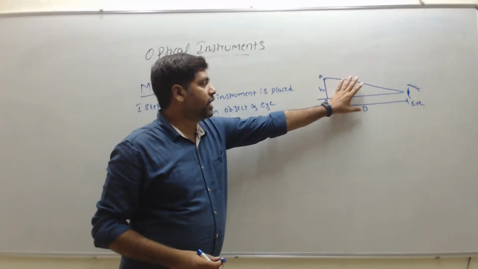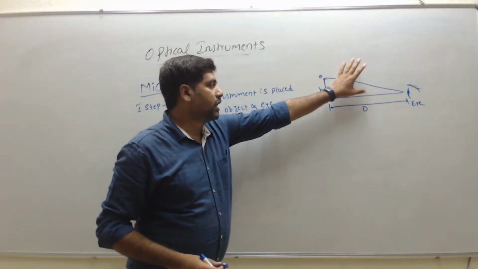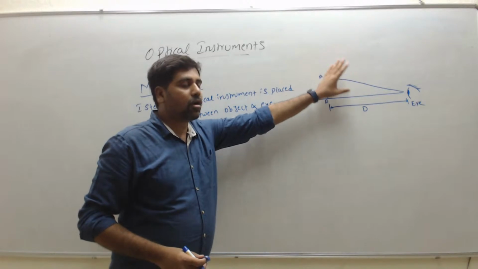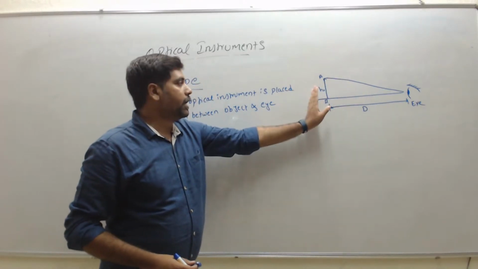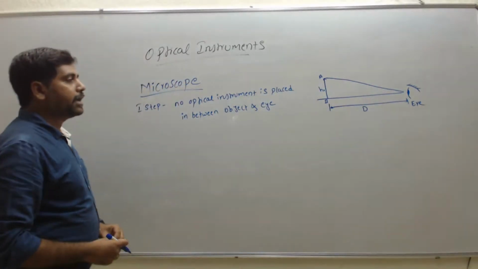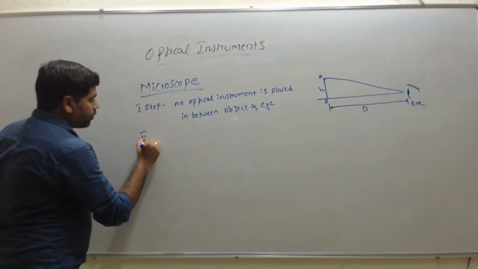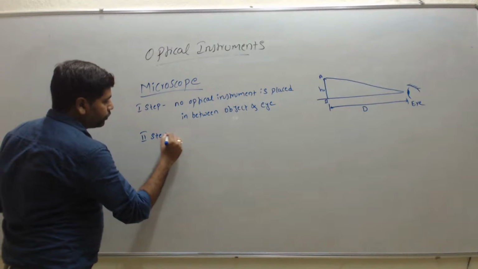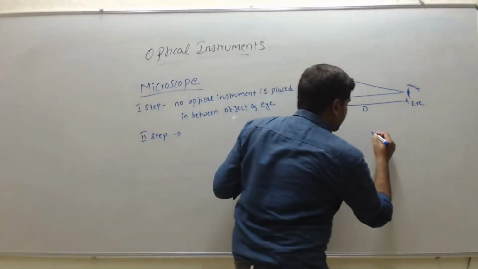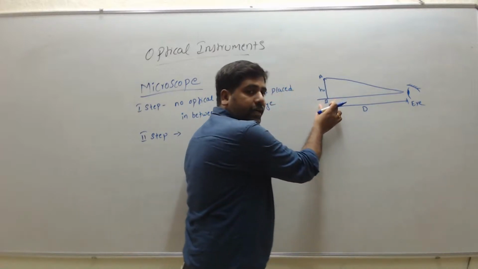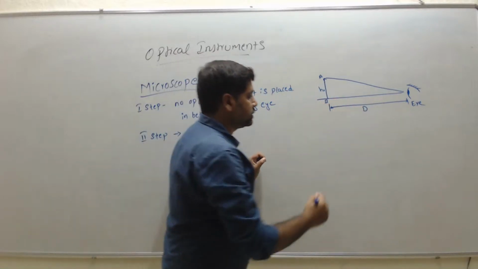We don't place any optical instrument, that is lenses or mirrors or prisms like that. In the second step we are going to place one convex lens between the object and the eyepiece.